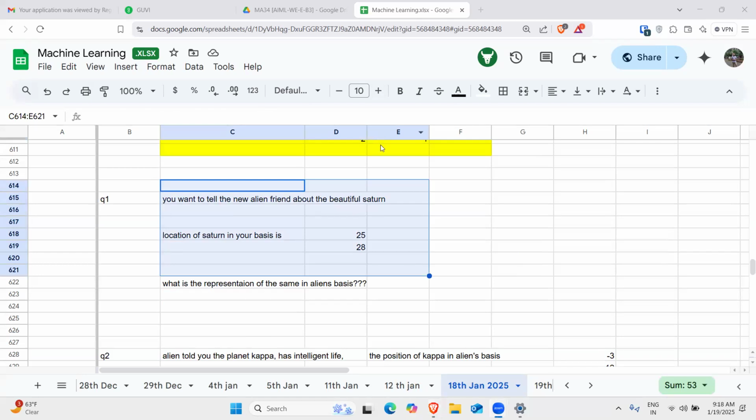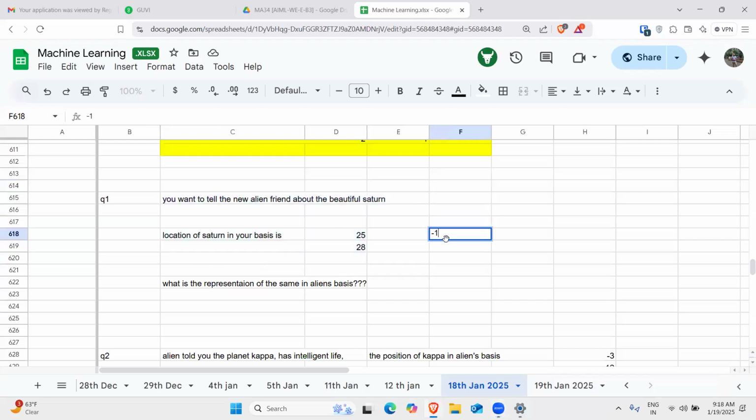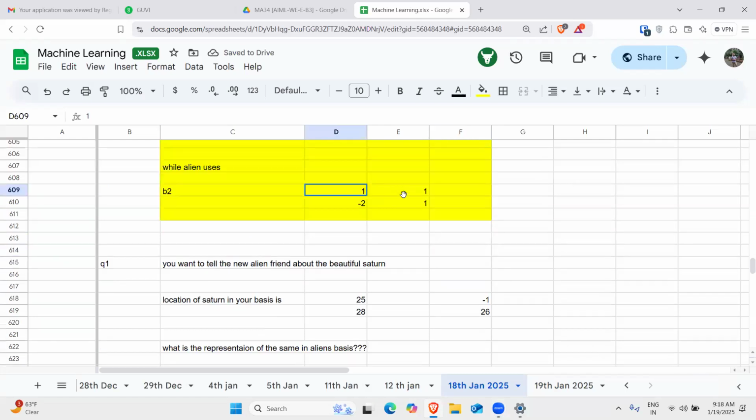No, it is wrong. It is -1 and 26. What you have to do is, see, you have been given this, no? So what you have to do is take this matrix, 1, 1, -2, 1, the inverse of this, multiplied by 25 and 28. That's what we have to do.